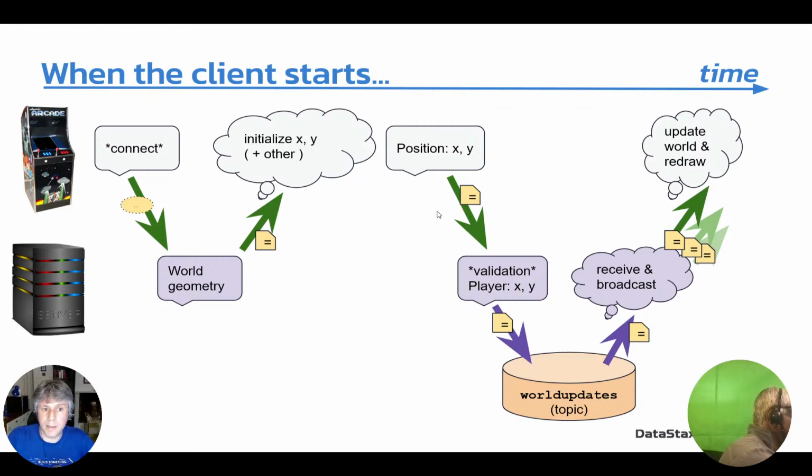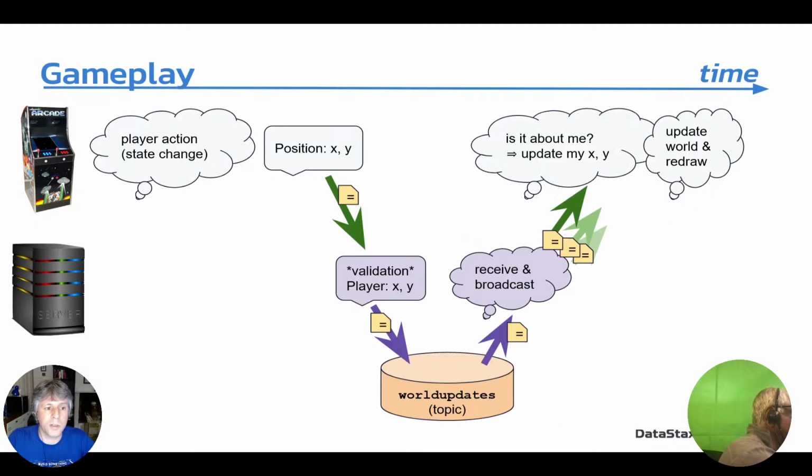So that's the basic flow; you see time flows to the right in this image. Time flows to the right also in this image, and it is the basic item of gameplay. So you see on the client side, what happens is that, say, you click a button and your player moves around, okay? That means that the position changes, and thanks to the magic of React, a position change triggers sending a message through WebSocket to the server.